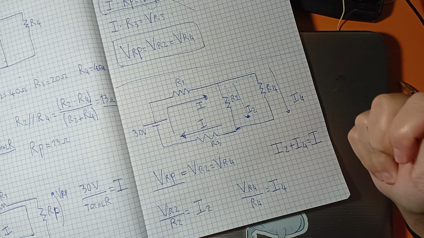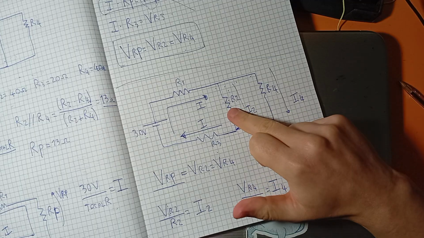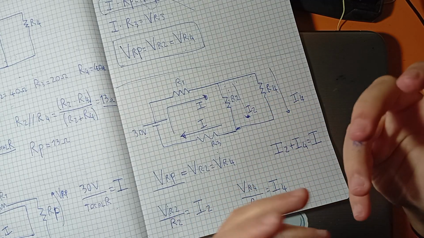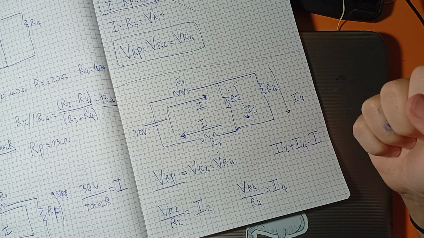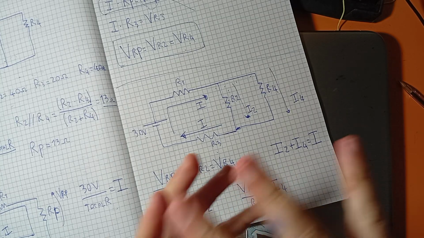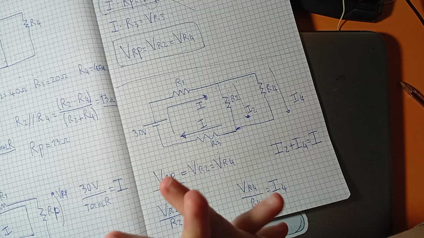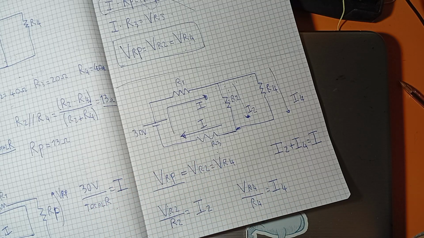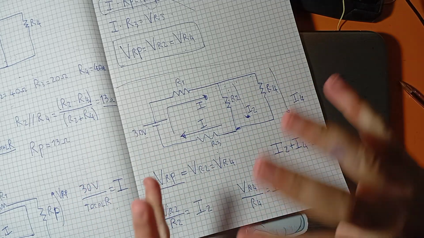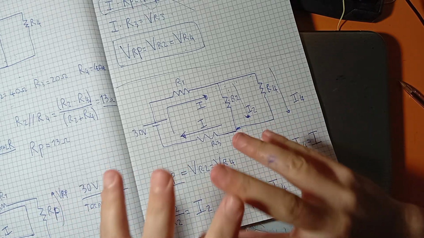If these two resistors are not equal, if one is bigger and the other one is smaller, I will have more current in the smaller resistor, and less current in the bigger resistor.